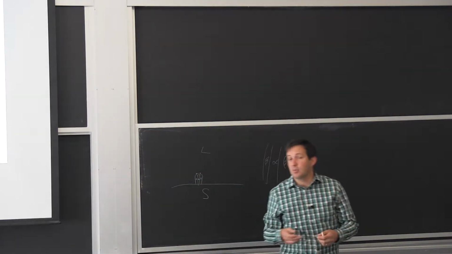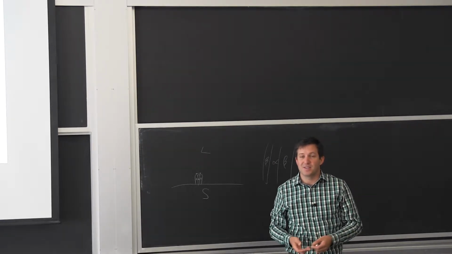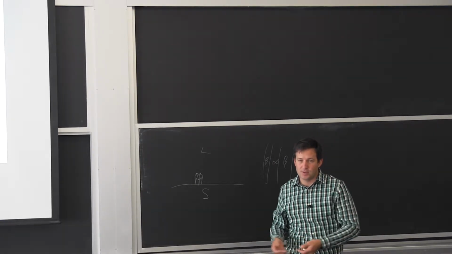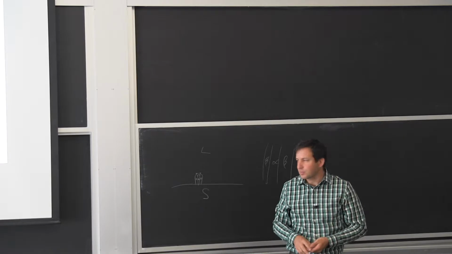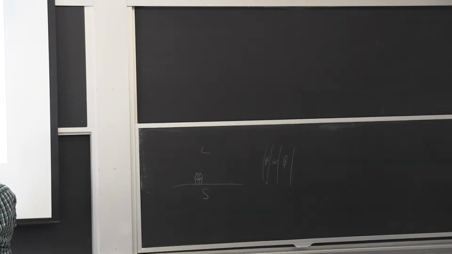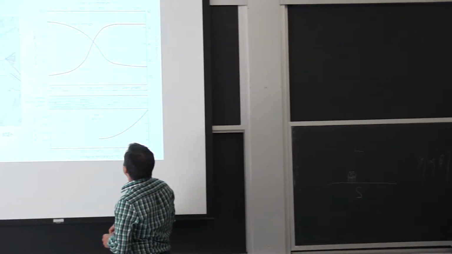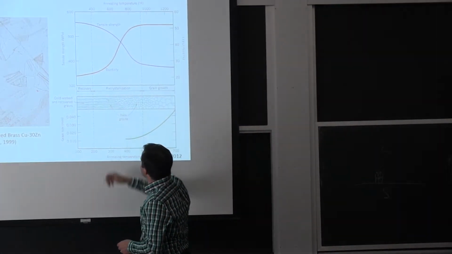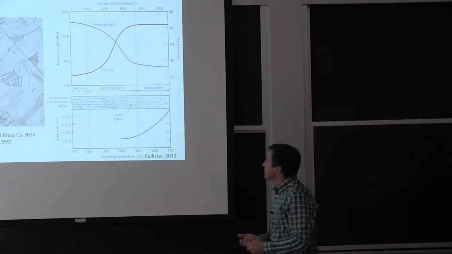Depending on the process, you may be able to heat up quickly if it's radiant heating of the sheets and control it. One thing to keep in mind, of course, is the difference between the kinetics of the growth.